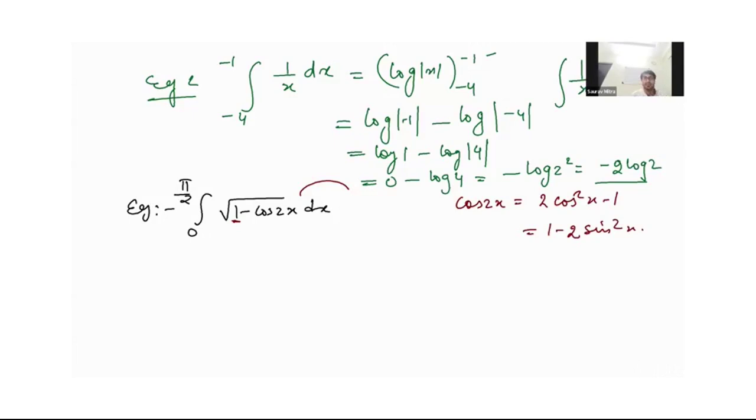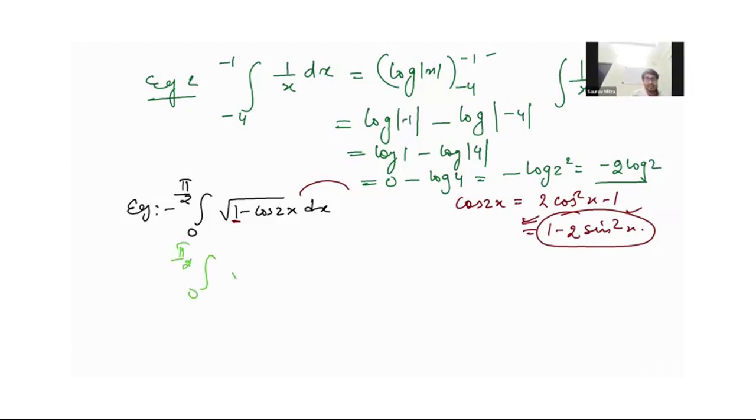Here we will apply 1 minus 2 sine square x. It is according to the need of the question. If we apply the other one, we will not get the answer, but if we apply this one, we will get the answer. Let me do it, then it is easily visible.